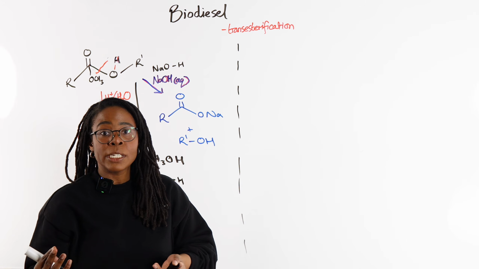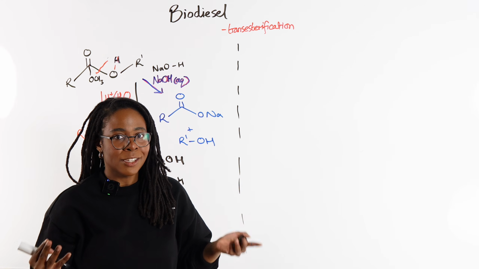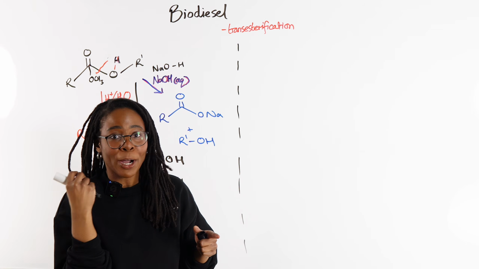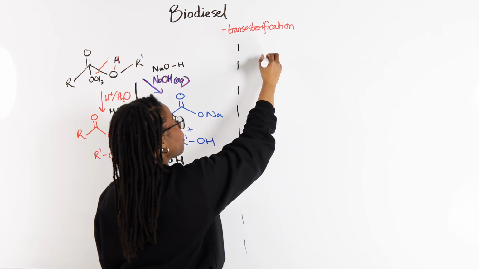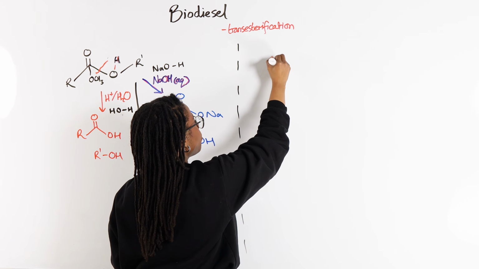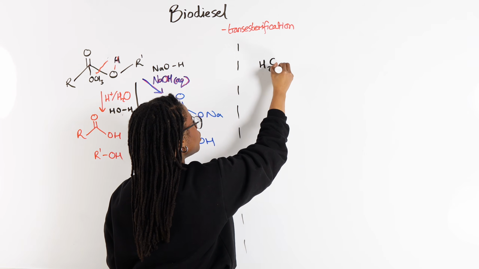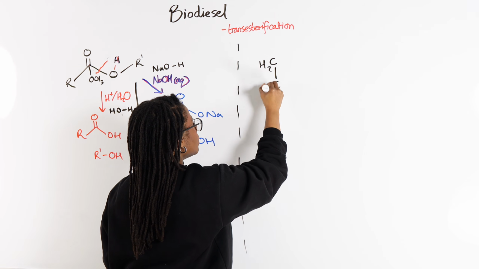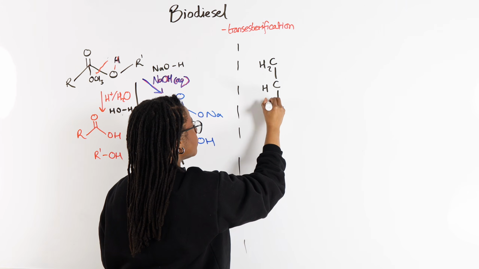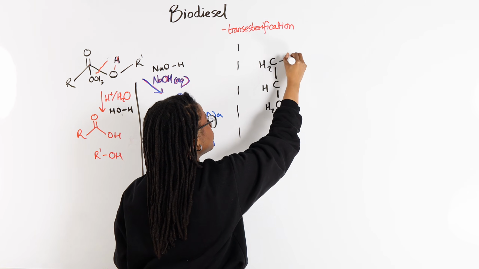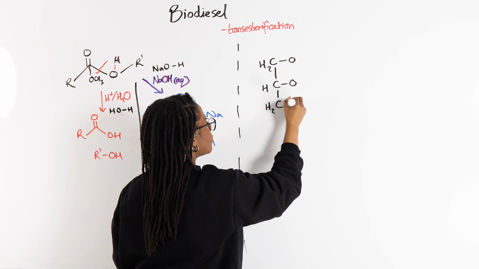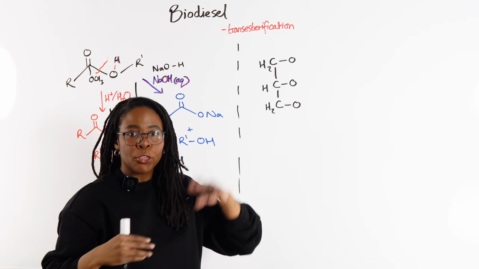Now, we form biodiesel from triglycerides. So triglycerides, especially for biologists, we know it's formed from glycerol, aka propane-1,2,3-triol, and then 3 fatty acids.